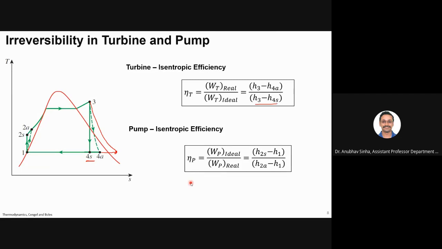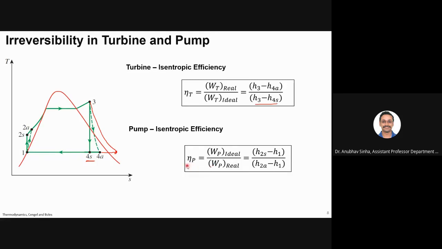Whereas here we are extracting work. This is the useful work that we are getting out from the cycle. So if we are doing more work in real, then that will increase our efficiency. And if you are doing more work in the real, that will decrease your efficiency.